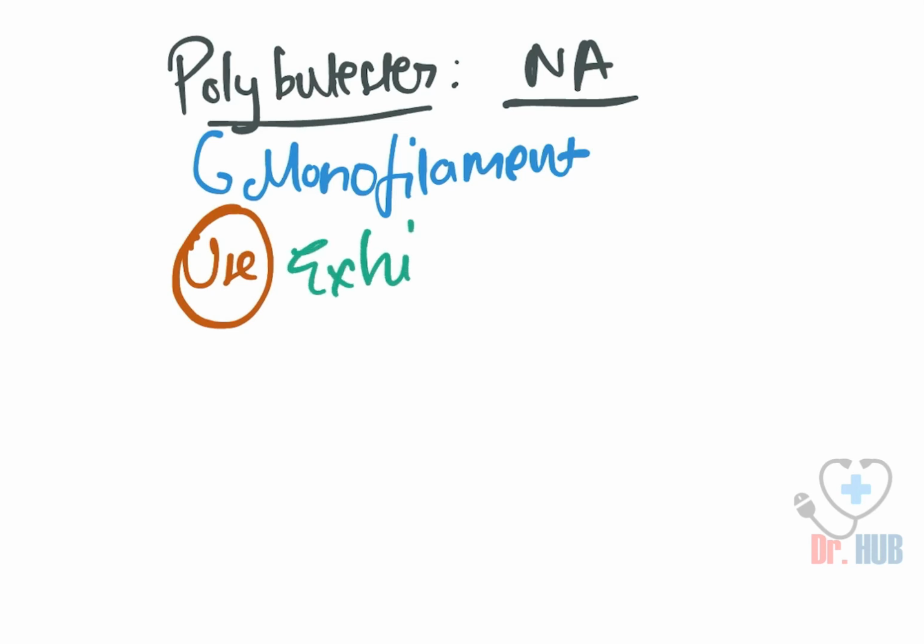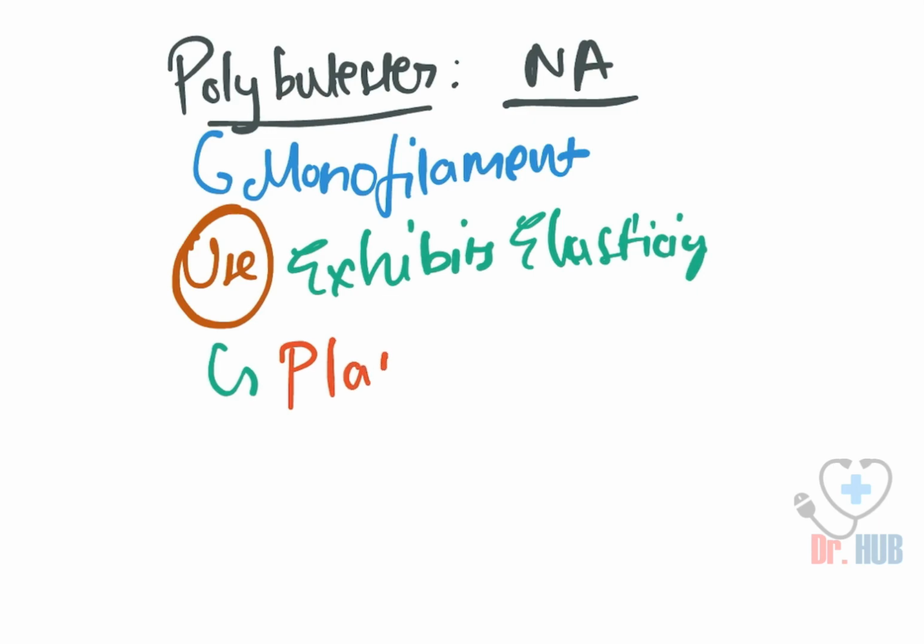It exhibits elasticity, and the polybutester is used most commonly in plastic surgery because of its elasticity property.